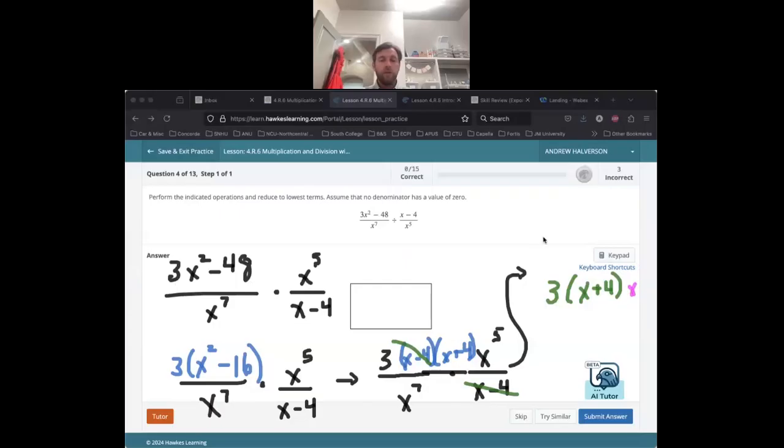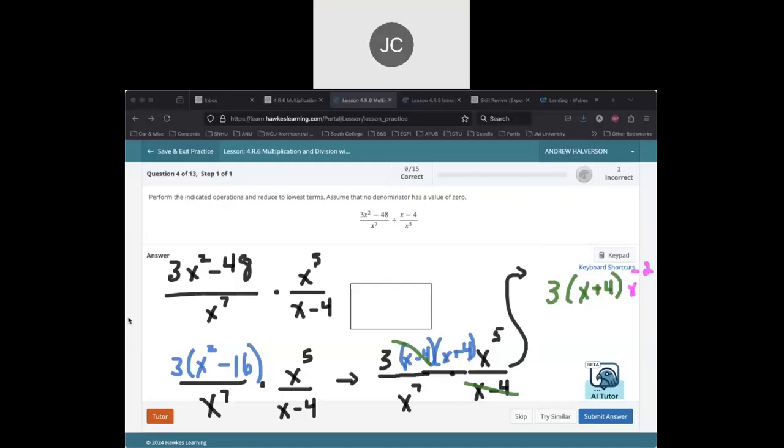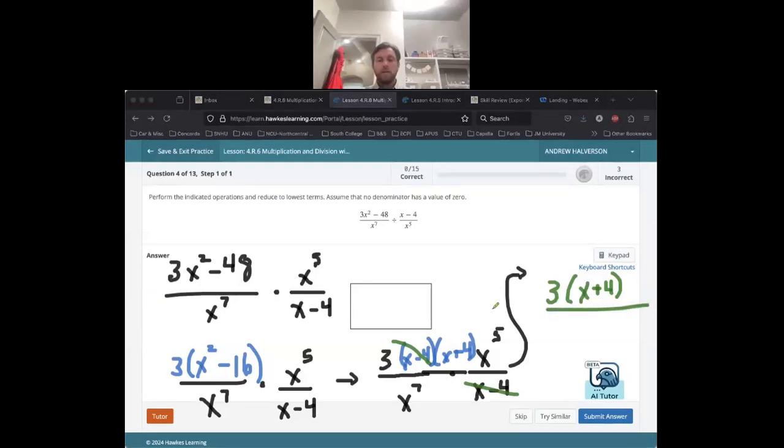So how are we going to resolve that negative 2 exponent? You move it to the bottom. So what's in the bottom then? A positive x to the second power. Right. So 3 times x plus 4 in the top over x to the second in the bottom. That's the answer.